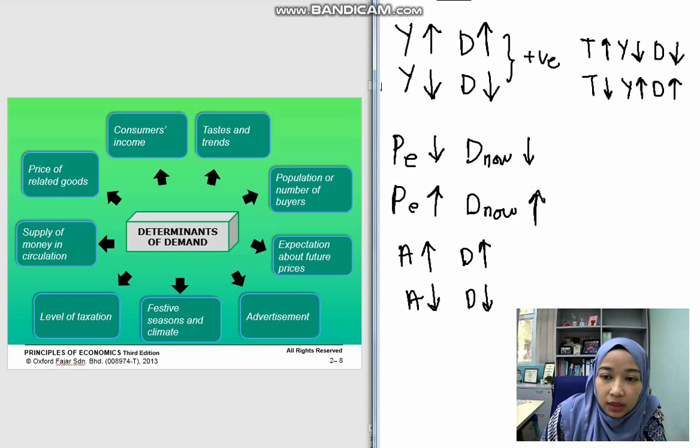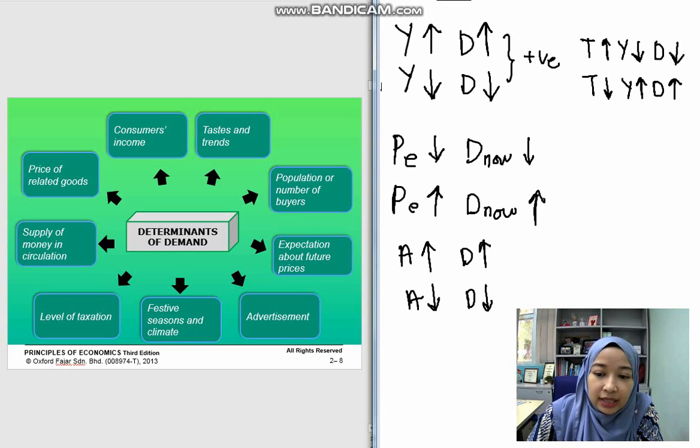Supply of money in the circulation. Money supply is actually a topic that you will learn in the next subject, which is principles of macroeconomics, but I'm going to make it simple here for you to understand. One of the factors that can increase money supply in the economy is, for example, loans.